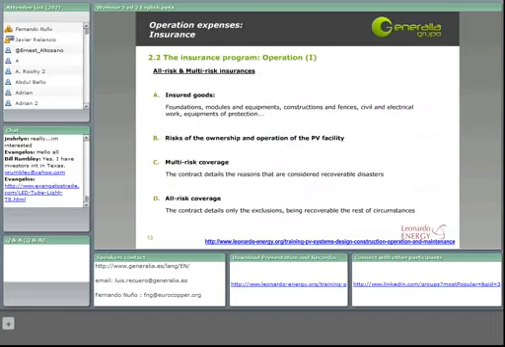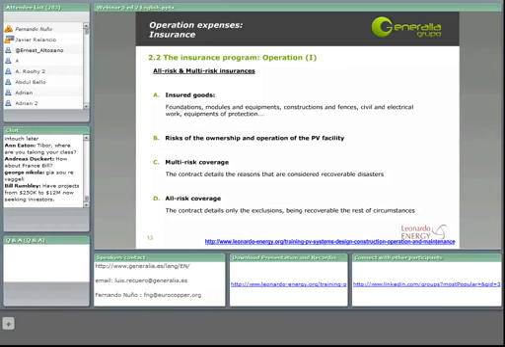Talking now about the insurance program during the plant operation, the first point to consider is that now it is not like during the plant execution. Now we can choose between an all-risk insurance or a multi-risk insurance, and selecting one or the other can mean good savings for our solar plant.